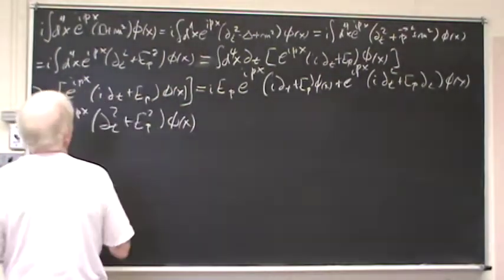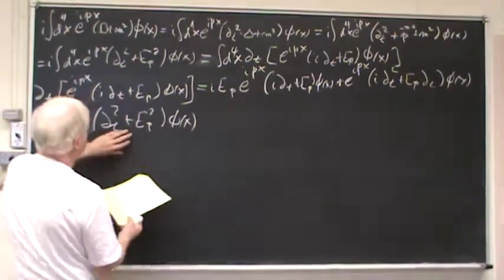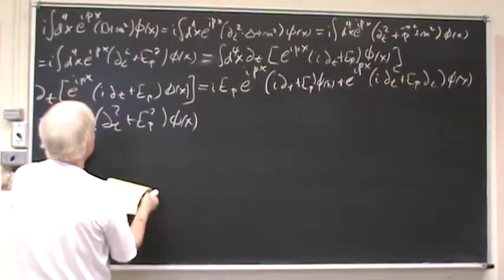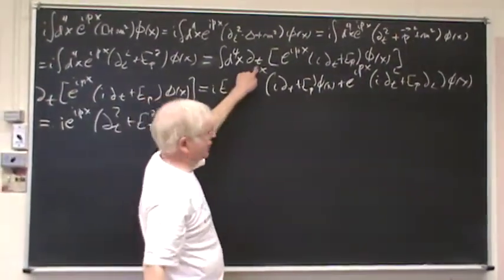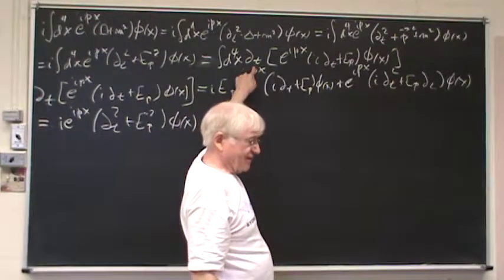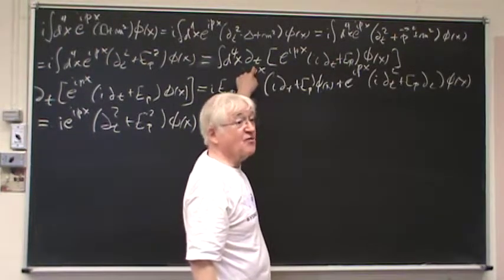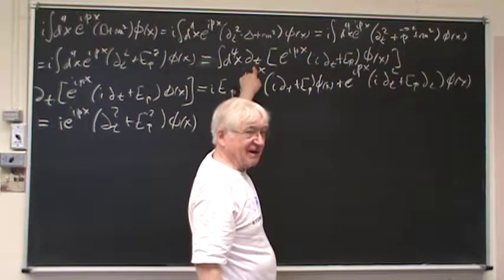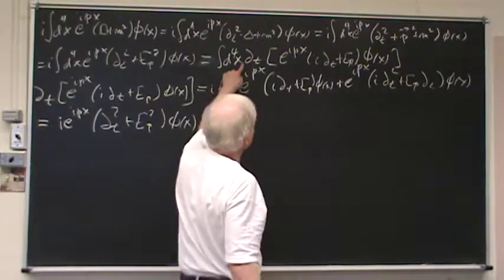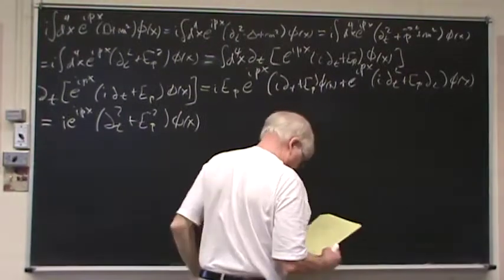So using this little trick, that's why I said I was going to go backwards. This thing is this thing, which is the same as that. But now what we have is a total derivative. And of course, the two things I like best are delta functions and total derivatives, because either way, you get to do an integral cheaply. And so this gives us the integral at large times minus the integral at early times.